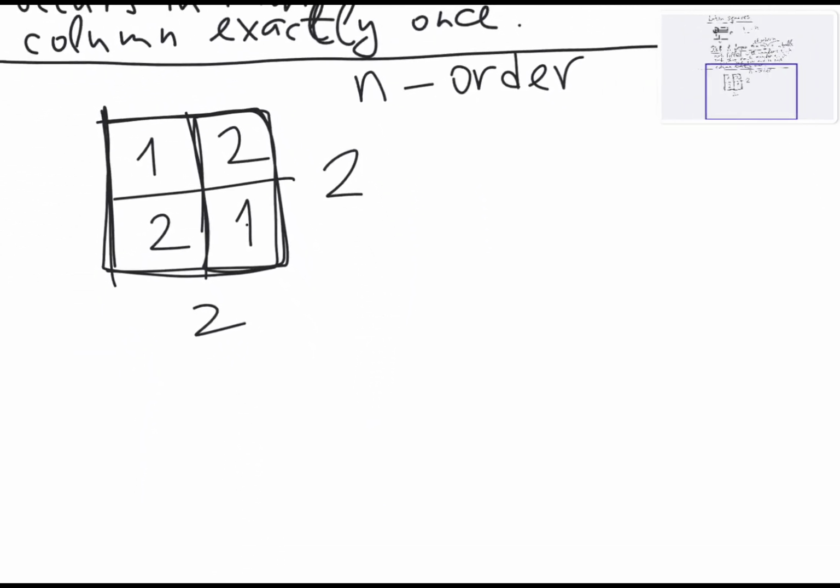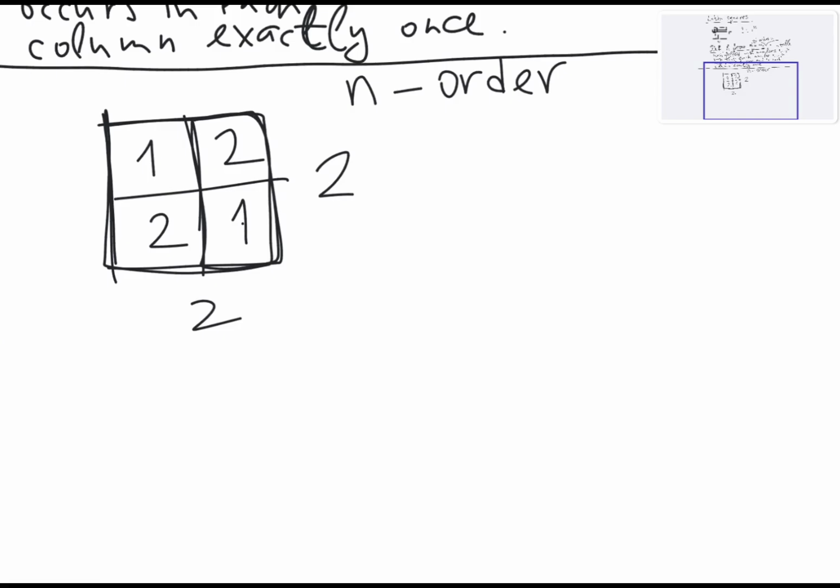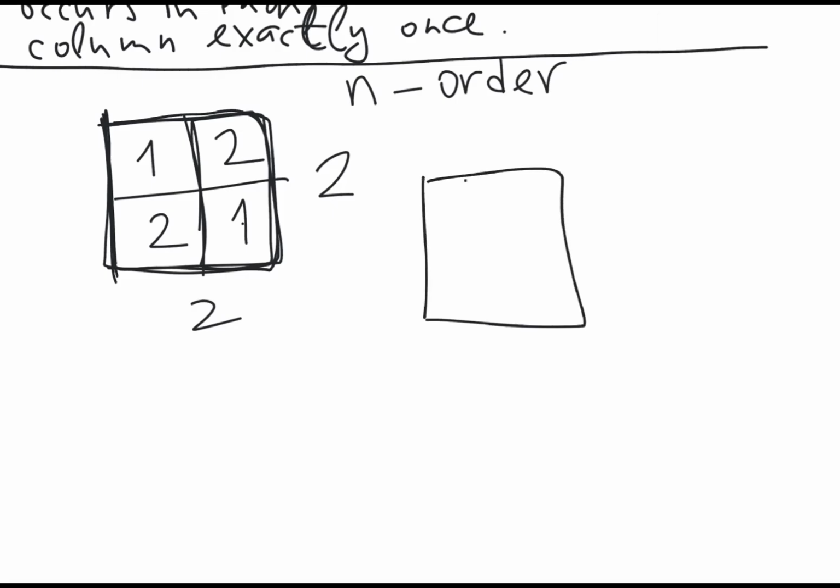Okay, so this is the Latin square of order 2. Now if we consider order 3, without loss of generality we can put 1 here. Well, I think it would be easier to construct for arbitrary n.